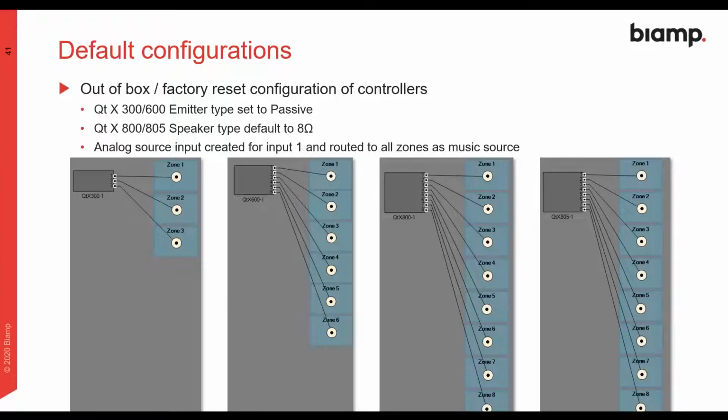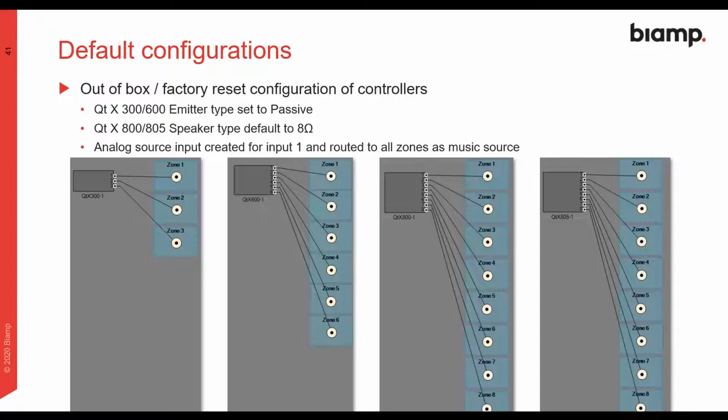I get 3 zones and 3 outputs assigned to the zones. I get 1 source input that's by default defined, so I could plug in something right away and it is already routed to all zones as a music source. So out of the box, you could get a masking system, plug it in, turn it on, and you'd have audio coming out to the outputs.